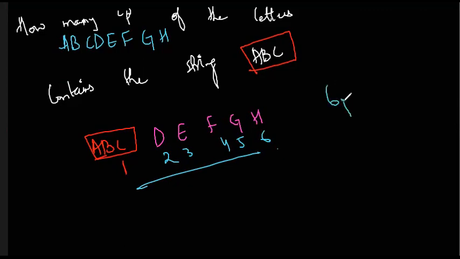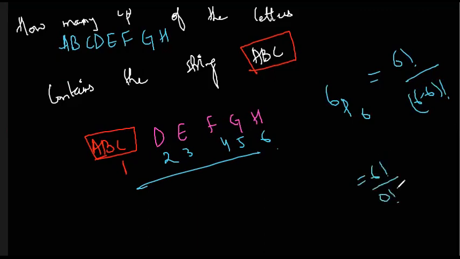So it will be 6P6, which will be equivalent to 6 factorial by 6 minus 6 factorial, 6 factorial by 0 factorial. We know 0 factorial is equal to 1. So 6P6, or nPn, is basically equivalent to n factorial.